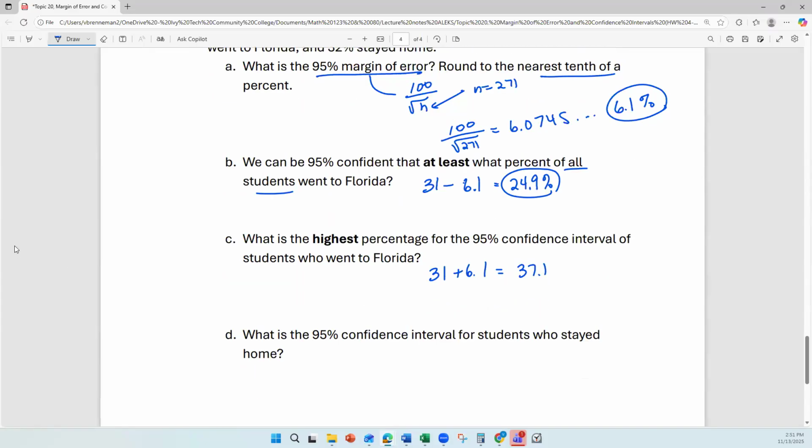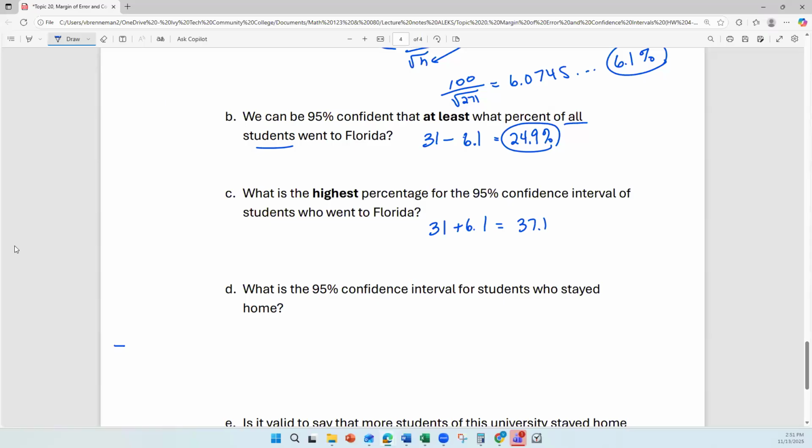So let's say I make myself a little diagram here, 24, 25, 26, 27, 28, 29, 30, 31, 32, 33, 34, 35, 36, 37, 38, 39. So the actual percentage of just the survey responses was 31.